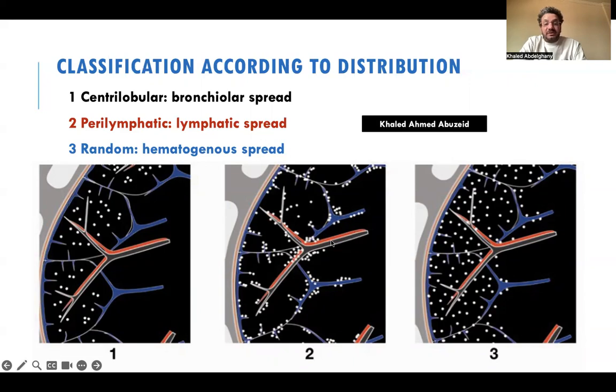It will be along the bronchovascular bundle and along the interlobular septa and along the fissures. See, this is the respect of distribution of the nodules along the pulmonary interstitium and pulmonary lobules.